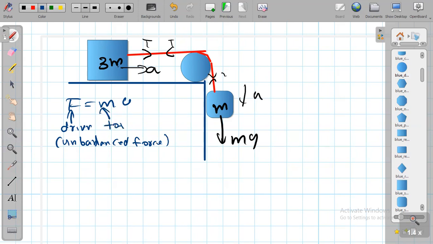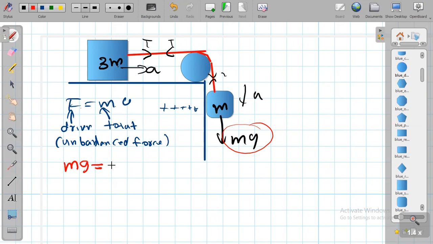Mass is the total mass. Why can I add? Because mass is a scalar quantity, you always need to add. But force is a vector quantity, so you have to add as well as subtract and many other processes. So here, what is the force? mg is the only driving force.